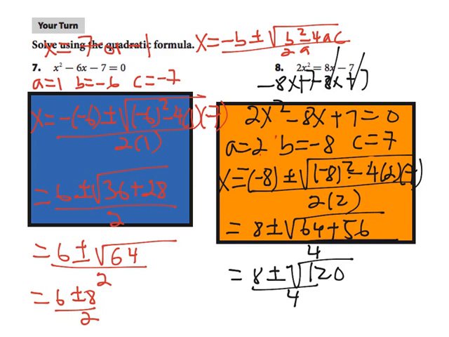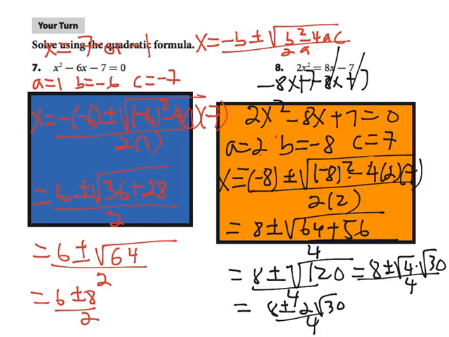So this can be written as 8 plus or minus square root of 4 times square root of 30 over 4, which can be written as 8 plus or minus 2 square root of 30 over 4. Reduce everything by 2, so we have 4 plus or minus square root of 30 over 2. Right, so that's the answer to number 8.